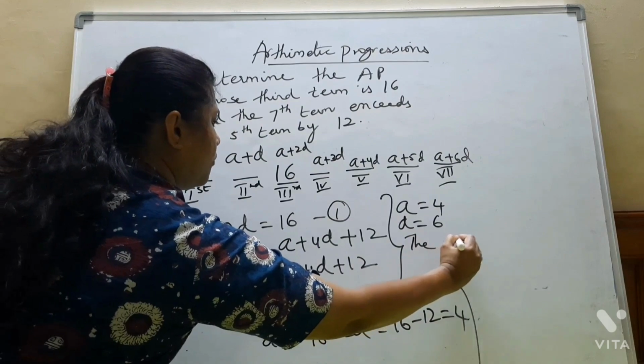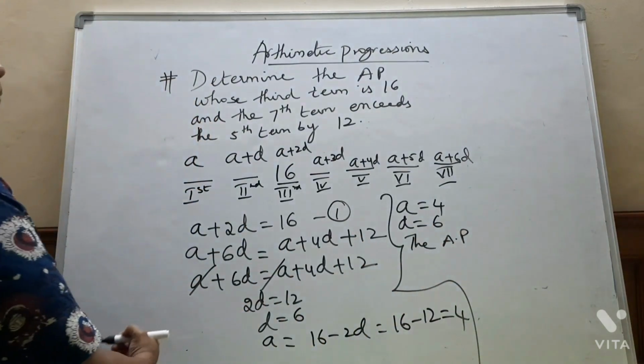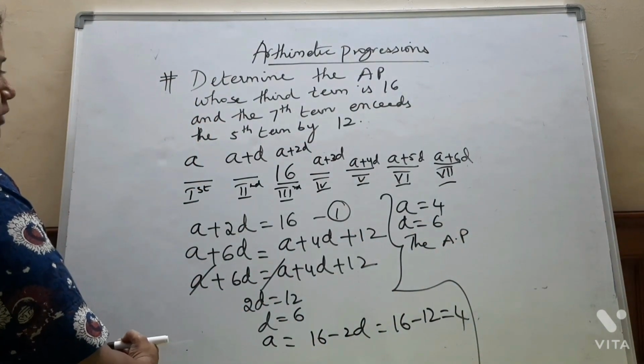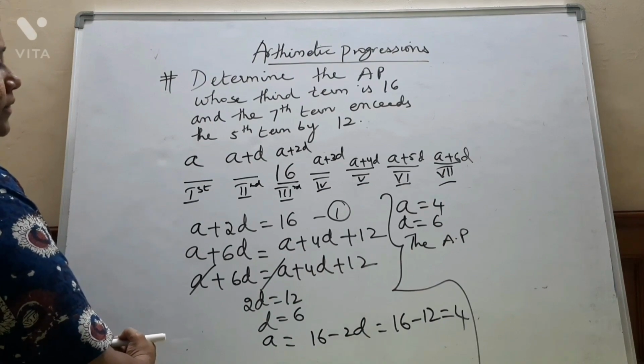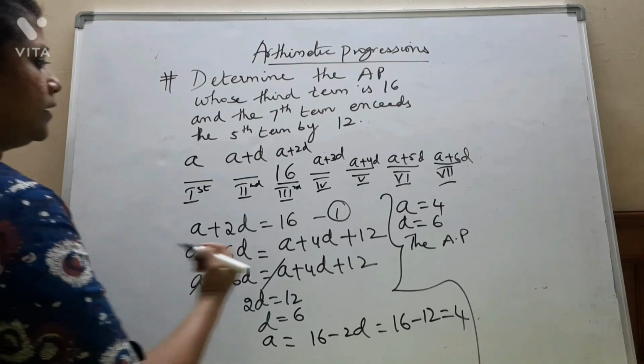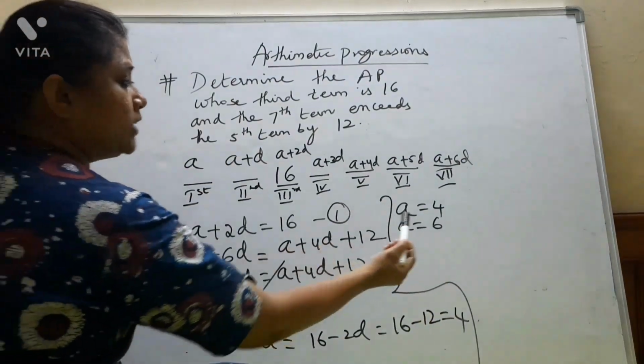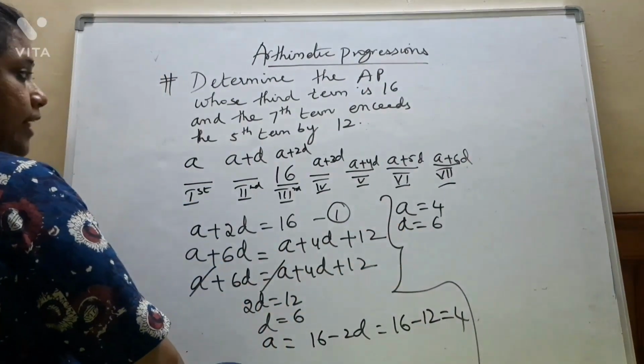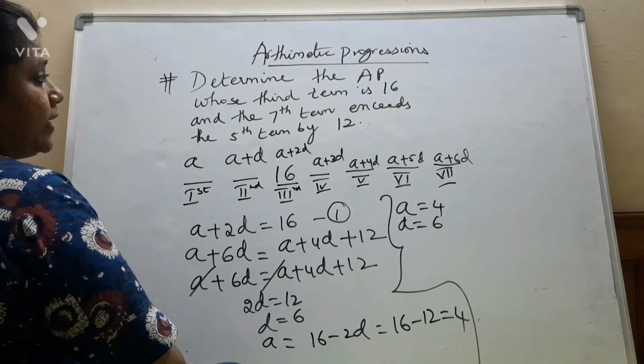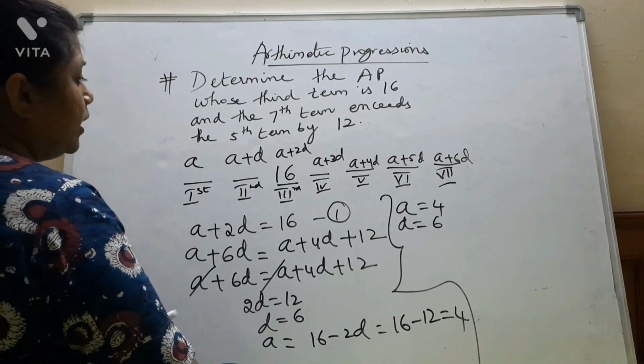And you know that the AP will be of the form A plus D, A plus 2D, A plus 3D, A plus 4D, so on up to A plus n minus 1 into D, isn't it? So I got A as 4 and D as 6. Therefore, it is very easy for me to write down the arithmetic progression.